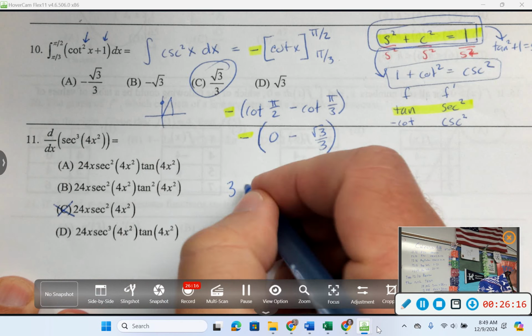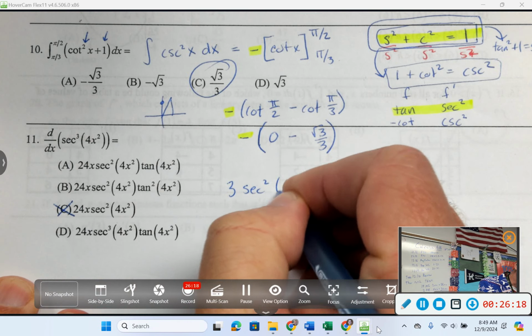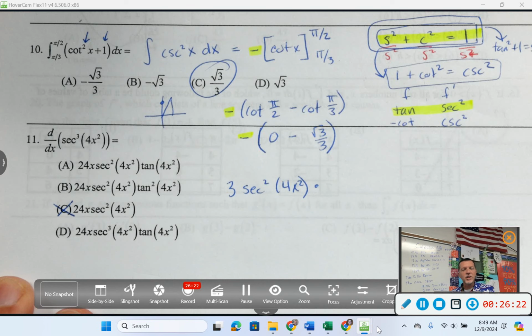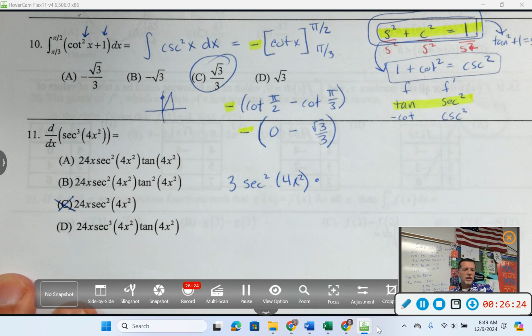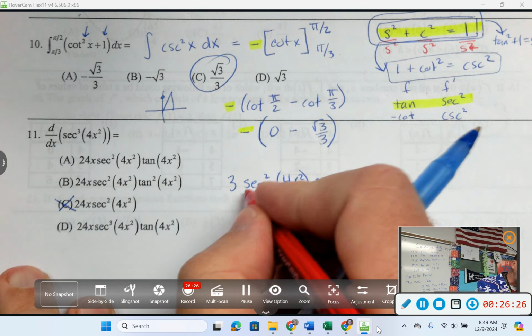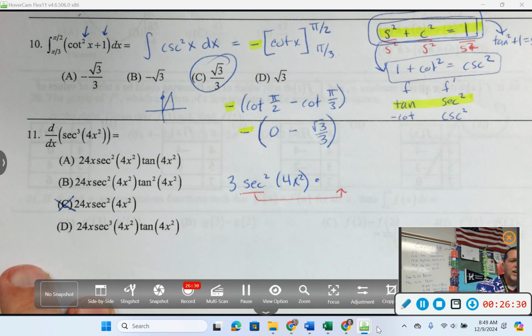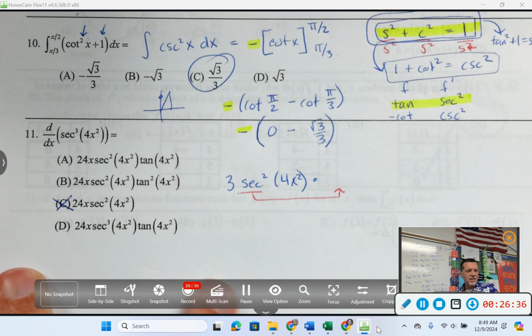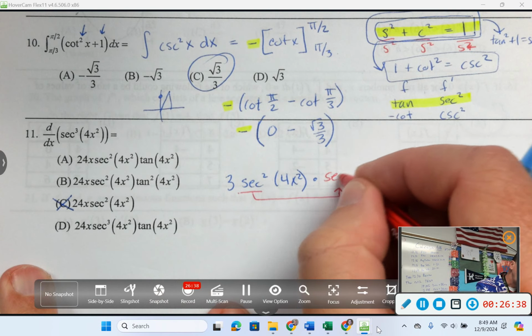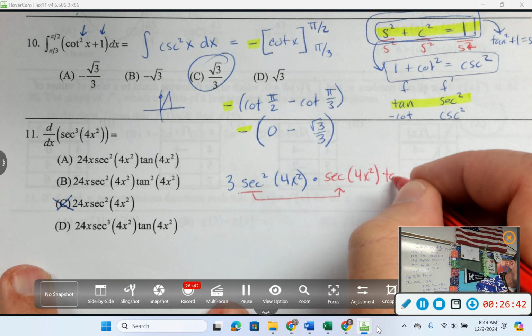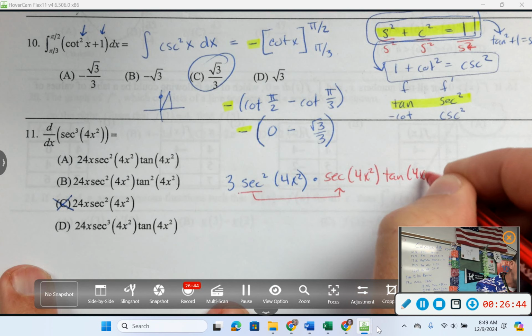Let's see. 3 out front. Decrease the power by 1. We've got a lot of chain rules here. The derivative of secant is... What's the derivative of secant? Secant tangent. Make sure you keep the 4x squared in there. Secant 4x squared, tangent 4x squared.